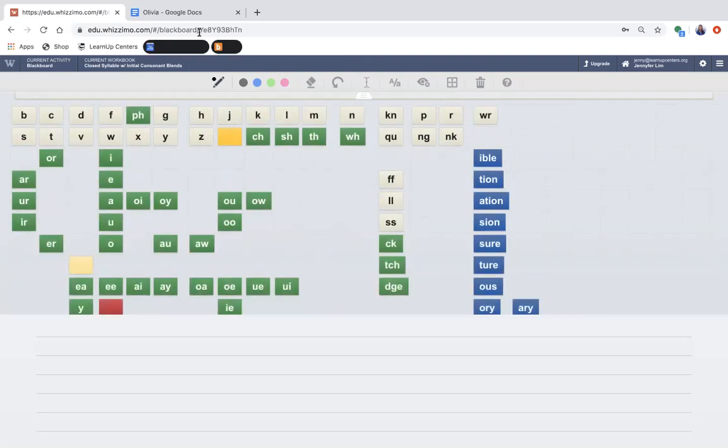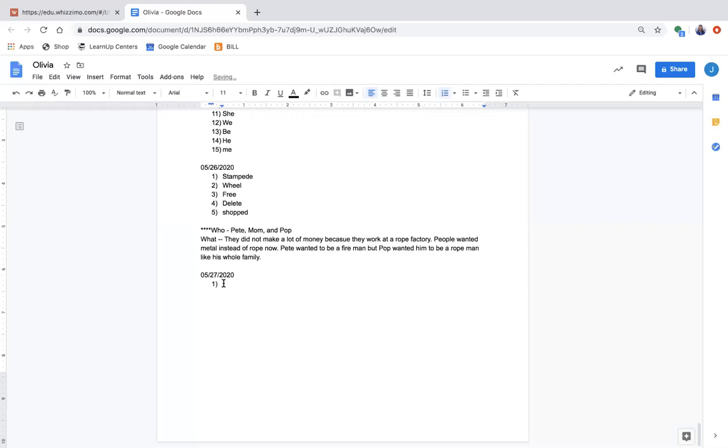Okay, so let's go to spelling. Can you click on next to the 1? Okay, are you able to type? Perfect. So the first word I want is start. Start. Good job.